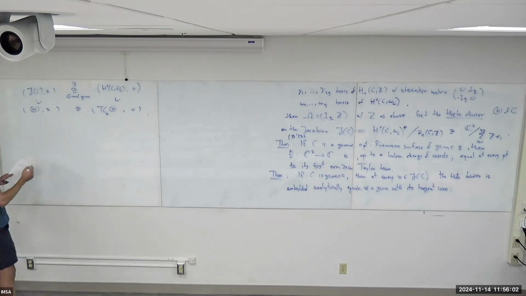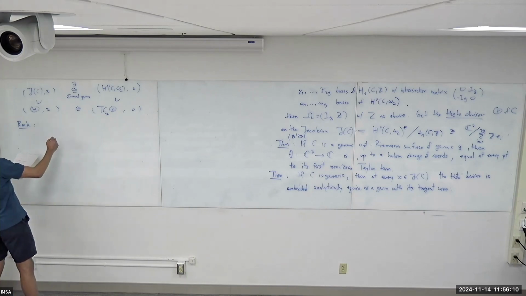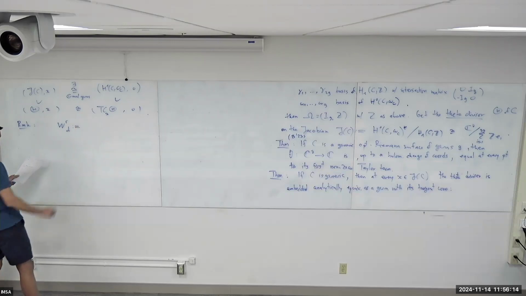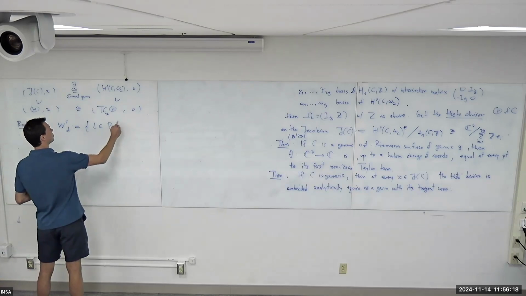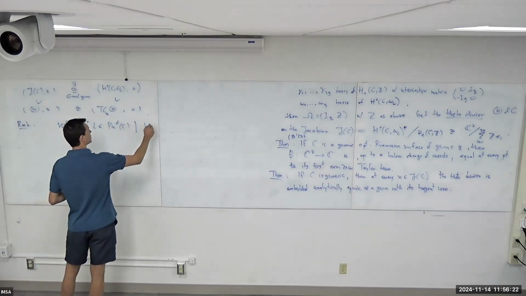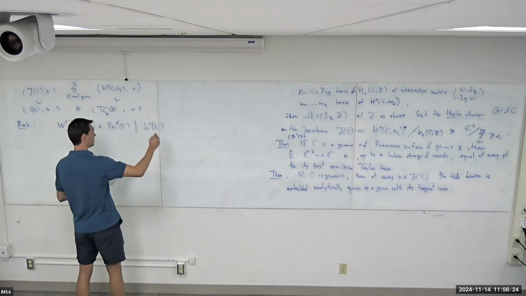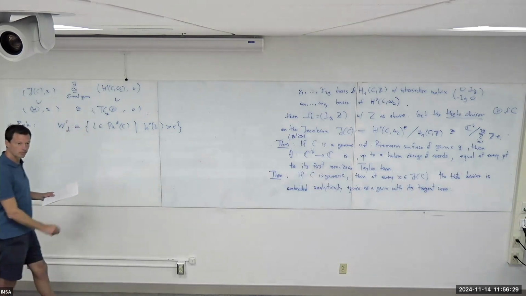So to get there, let me recall some classical notions about curves. You have the Brill-Noether loci. This is the classical notation, W^r_d. So these are isomorphism classes of degree d line bundles on C, such that they have at least r plus 1 global sections.